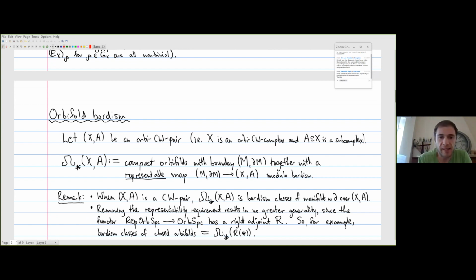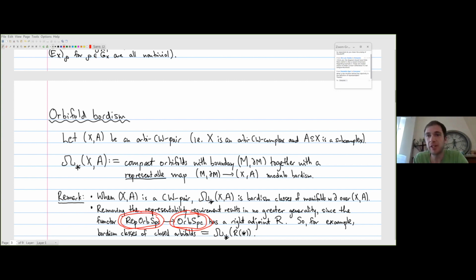So I guess I didn't really write down the definitions of these categories. I will later. The objects of these categories are ORBCW complexes. The morphisms are different. On the left, we take only representable morphisms. On the right, we take all morphisms. And one can check this functor has a right adjoint.